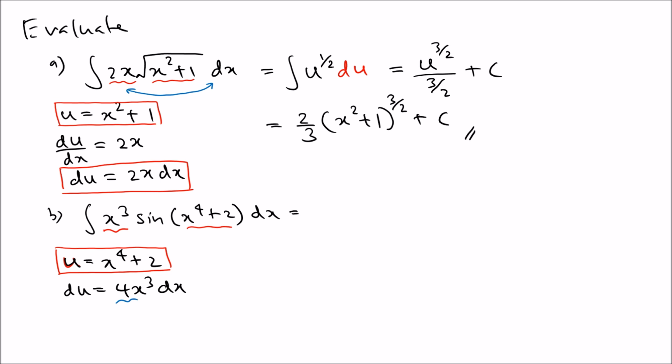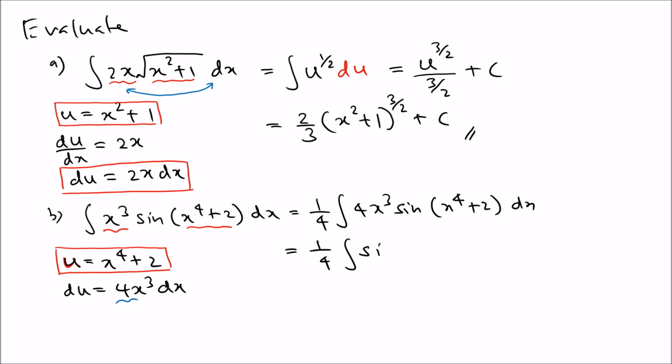Since it is missing, we're going to rearrange the problem. We're going to multiply and divide by 4. So we can write 1/4 outside, 4 inside, and then we write the rest: sine of x to the 4th power plus 2 dx. Now you can see there is a 1/4.